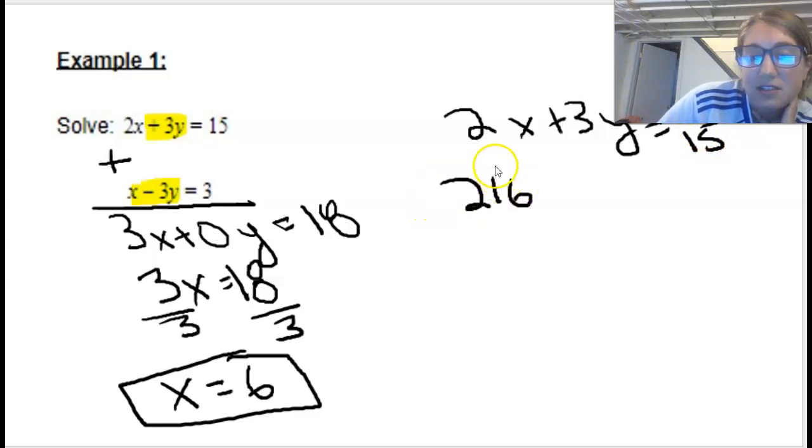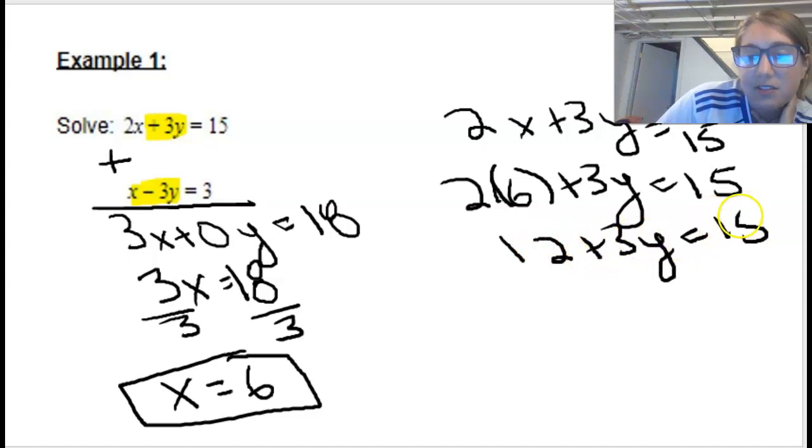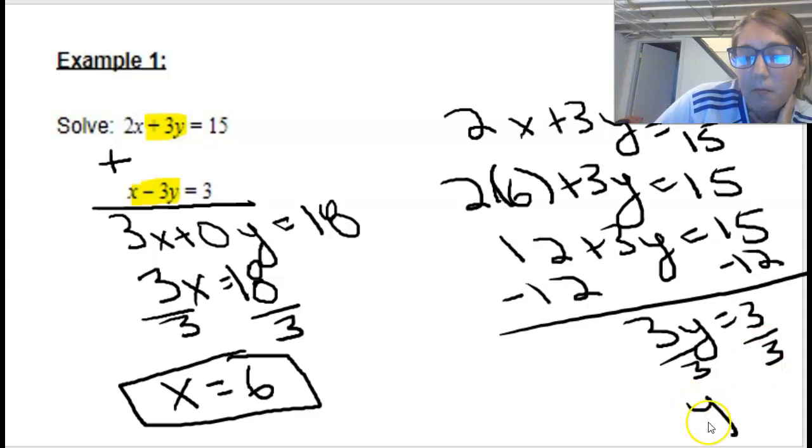2 times 6 plus 3y equals 15. And now I'm just solving this. My y equals 1.